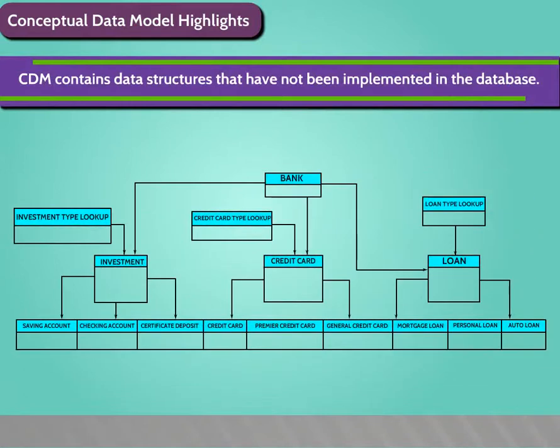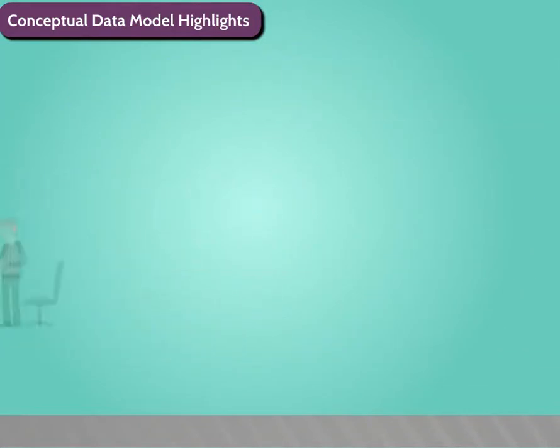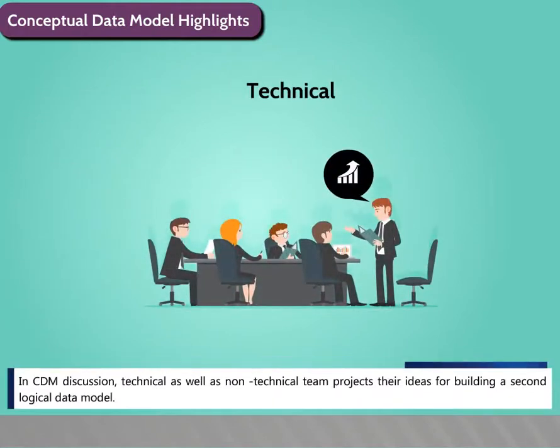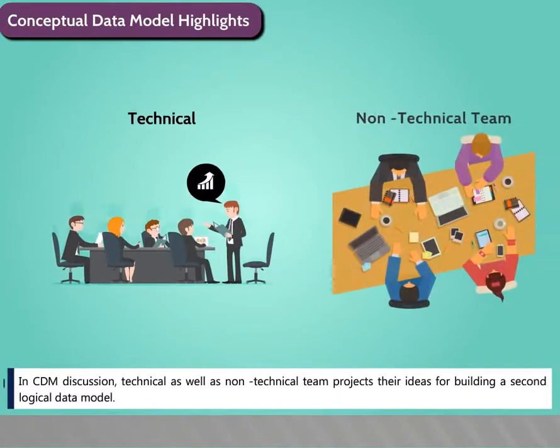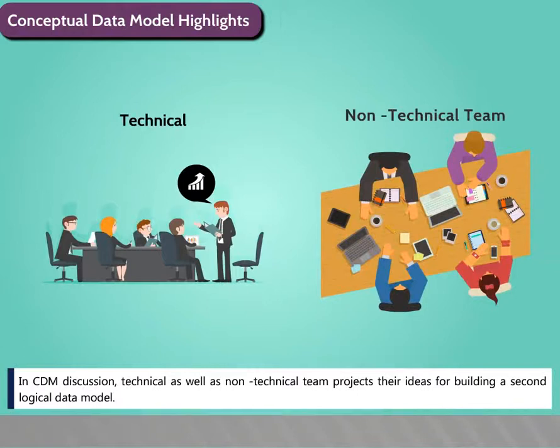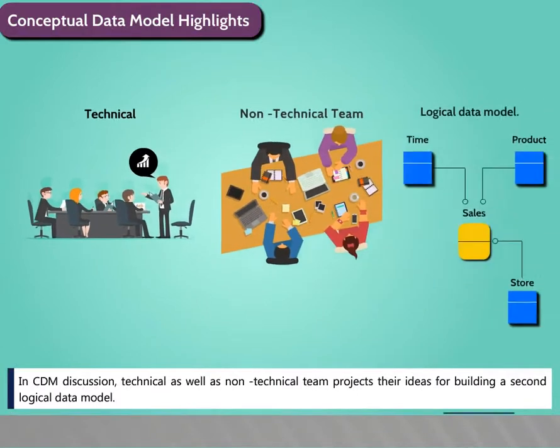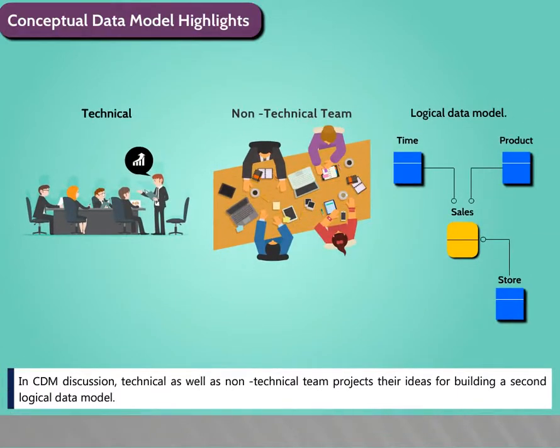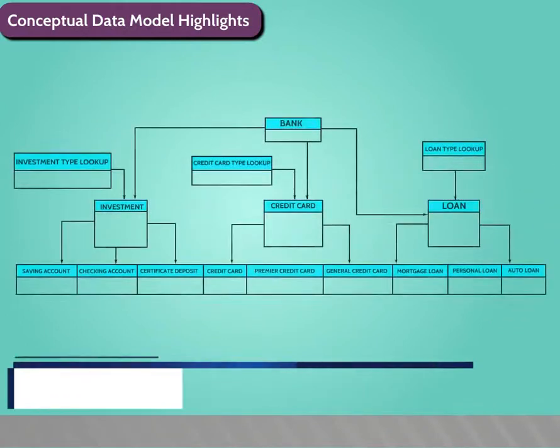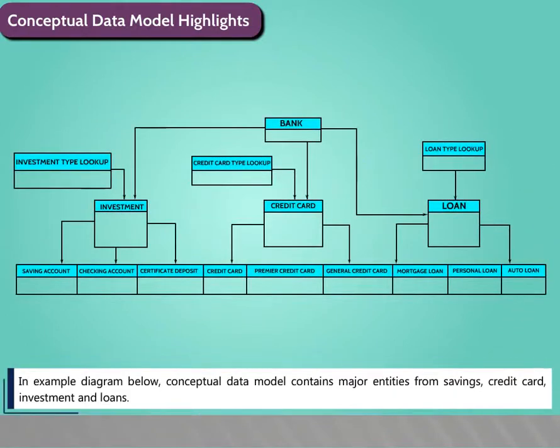CDM contains data structures that have not been implemented in the database. In CDM discussion, technical as well as non-technical teams project their ideas for building a second logical data model. In the example diagram below, the conceptual data model contains major entities from savings, credit card, investment, and loans.